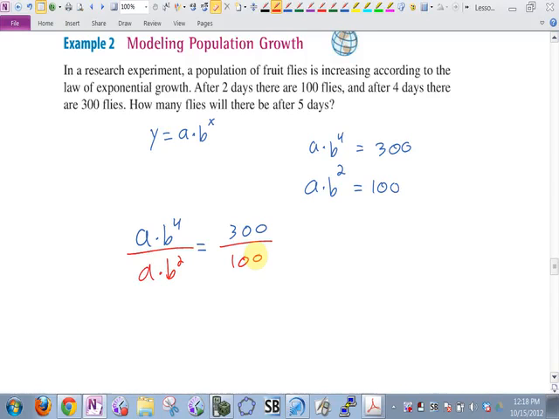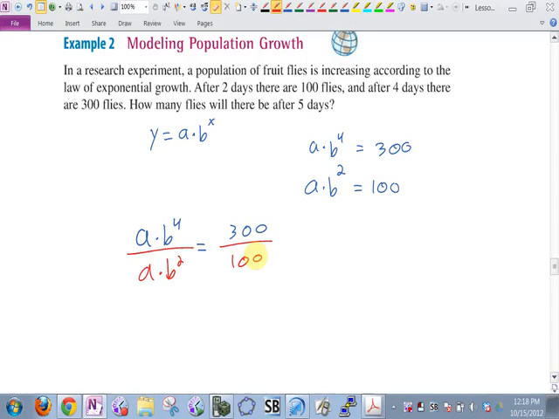This is essentially the elimination method. It's just with linear equations, you do what with the equations to eliminate a variable? You add or subtract them, right? When you add the equations together, hopefully your x and your negative x cancel. Well, here, these aren't linear equations. But by dividing them, what variable is going to eliminate?